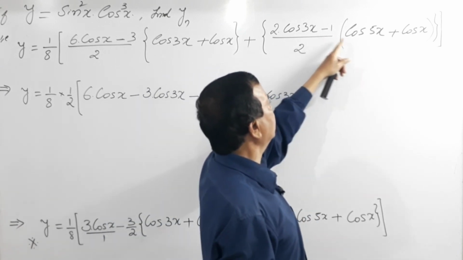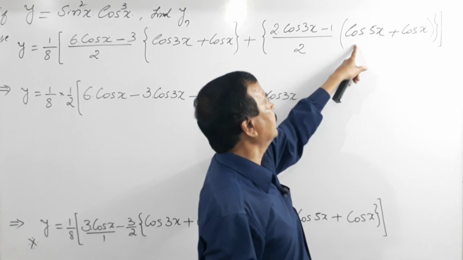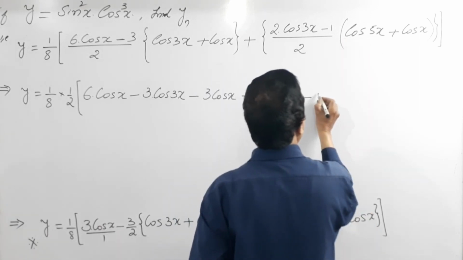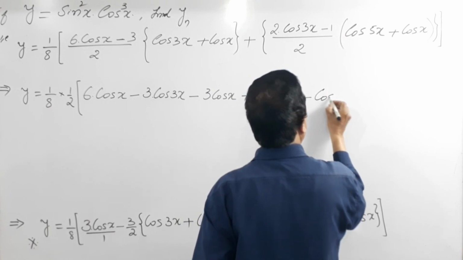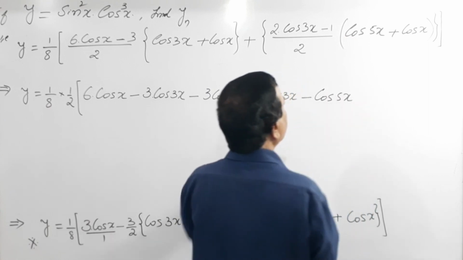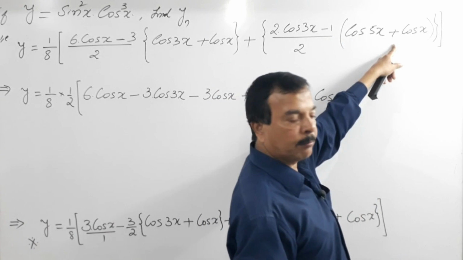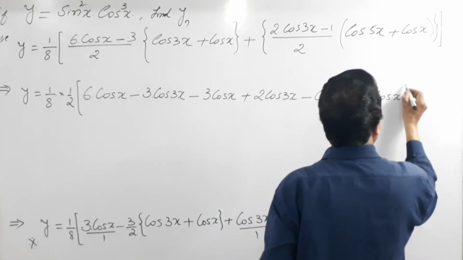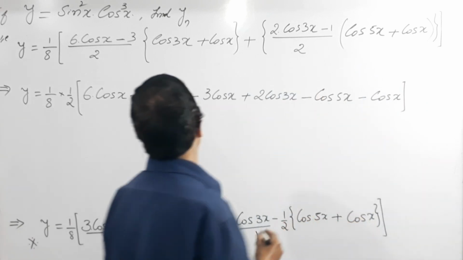Now you multiply this, 1 into minus into plus, so minus cos 5x. So this becomes minus cos 5x, minus into plus minus cos x, minus cos x.